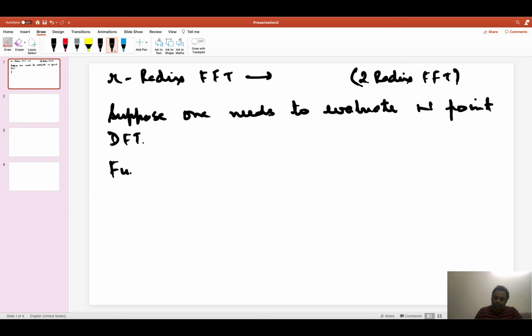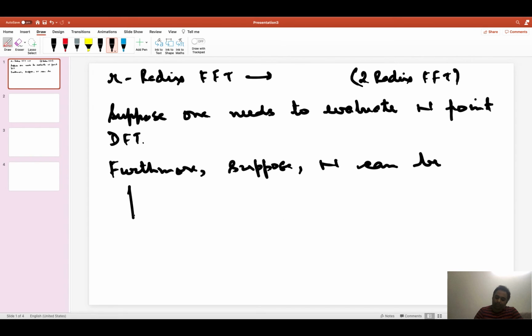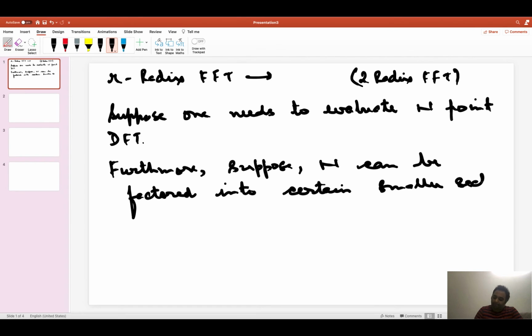Furthermore, suppose that N can be factored into certain smaller sections such that I can write N as r1 multiplied by r2 multiplied by r3, and so on up to rm.